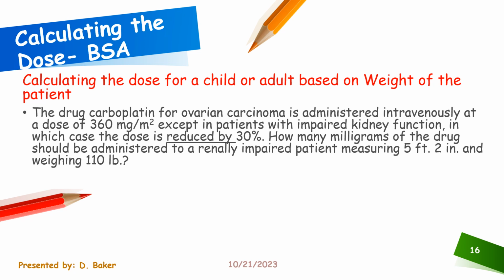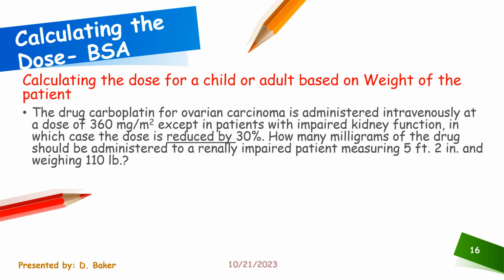Okay, so we will also calculate the dose of a drug using body surface area, and this is pretty similar to what we would do when we use the recommended dose per body weight.